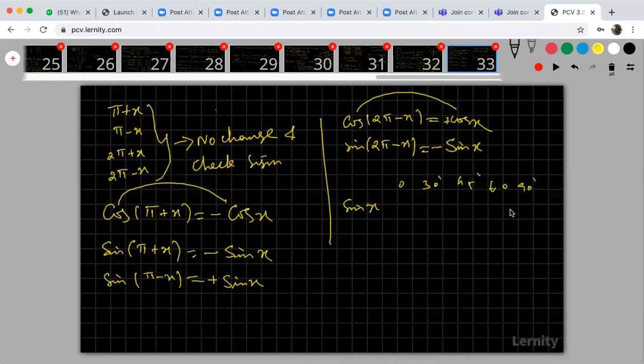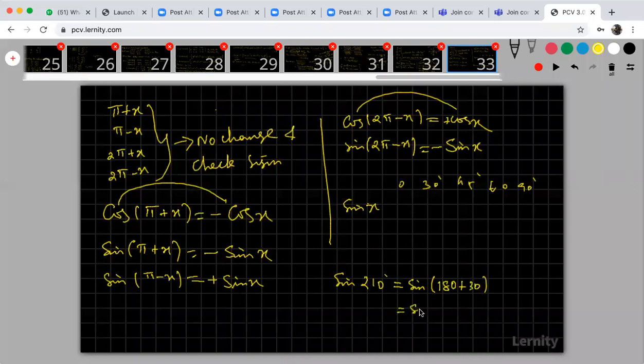But do you know the value of sine 210? No, right? So sine of 210 can be written as sine of 180 plus 30. 210 can be written like this.